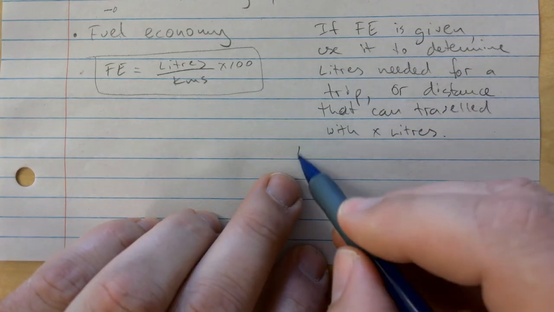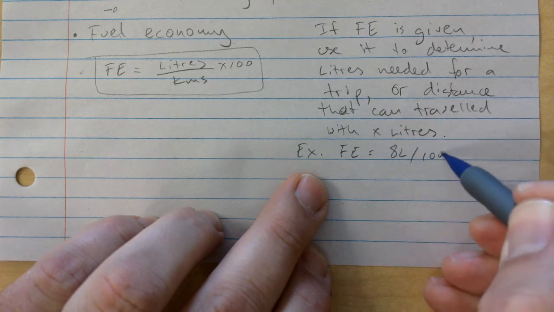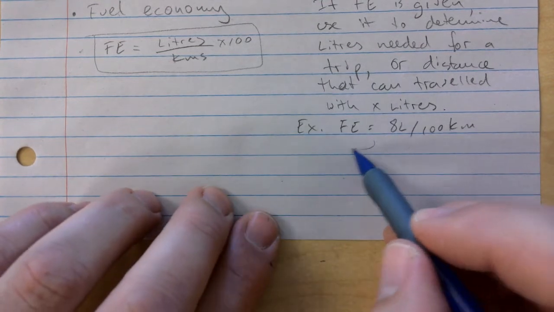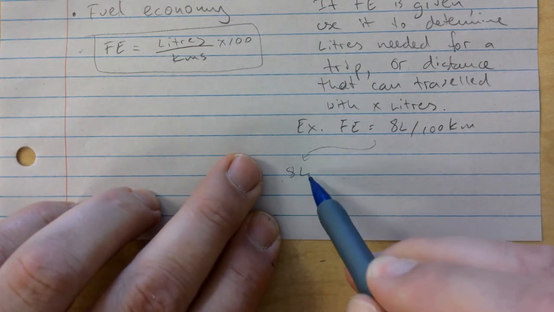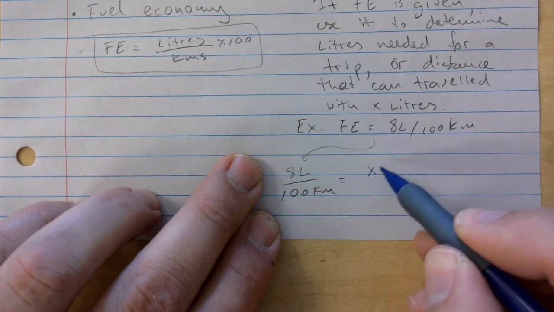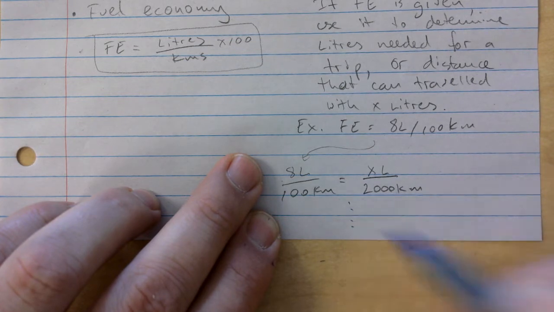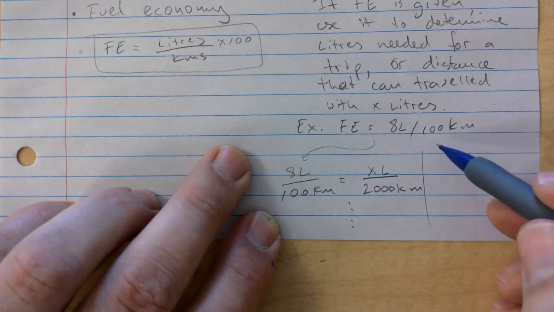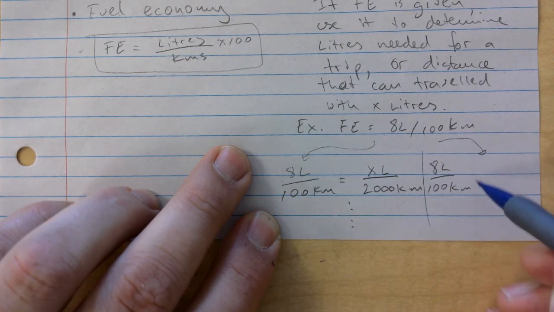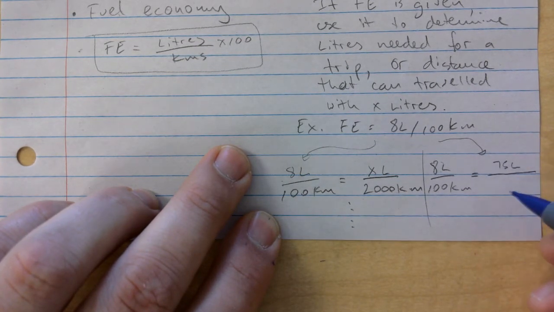So example, if the fuel economy is 8 liters per 100 kilometers, right? This could be set up in 2 ways. You put the 8 liters over 100 kilometers, right? You want to know how many liters are you going to need to travel, let's say 2,000 kilometers, and then you do the work. Or you could use that fuel economy, and they could say, hey, what if you gas up with 75 liters?